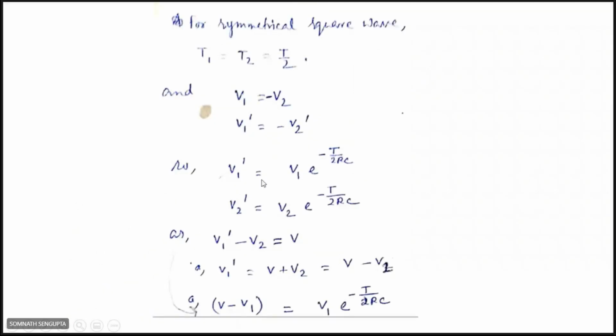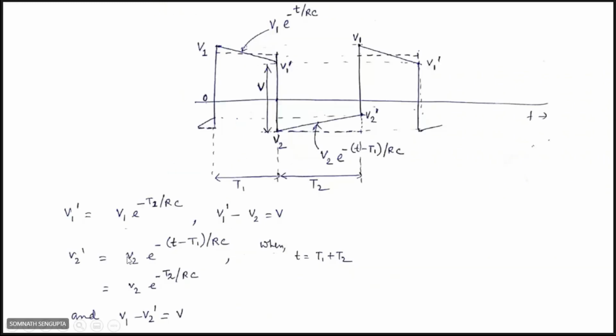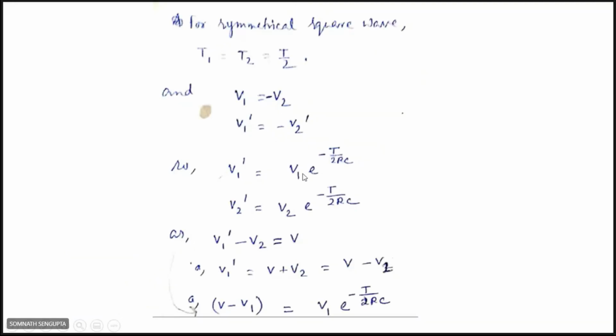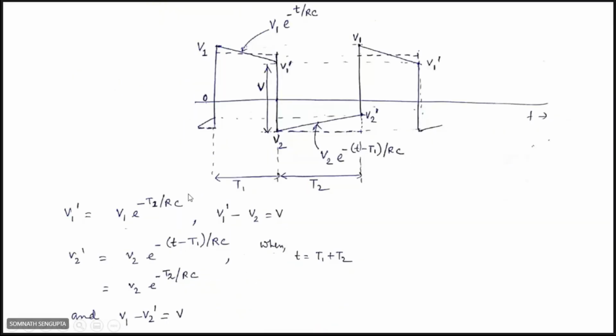Then using the previous four equations, you can write that V1 dash is equal to V1 into e to the power minus T by 2RC. So in place of T1 we write T by 2, where capital T by 2 is half of the time period.